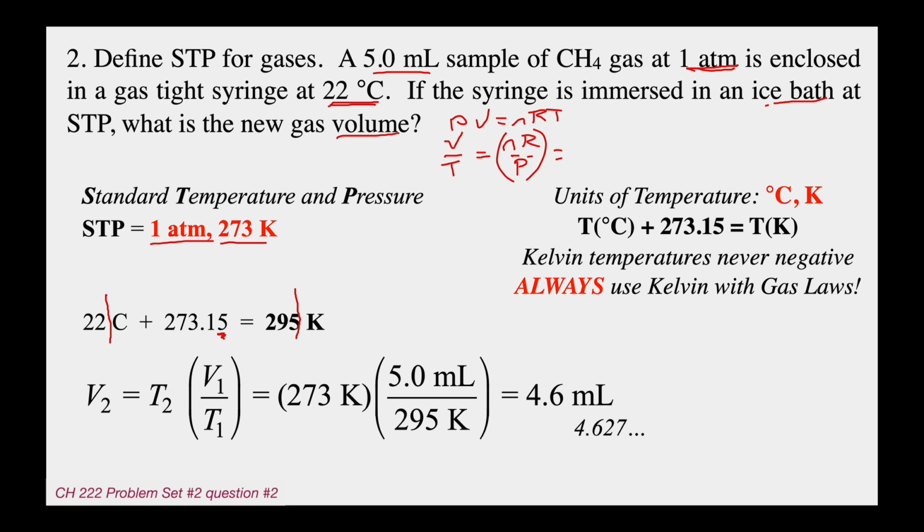So what that means is V1 over T1 equals V2 over T2. And here we're solving for V2, so we'll multiply both sides by T2. That's where you get T2 times V1 over T1, figure out 4.6 milliliters, good to go. So again, make sure that always, in all your calculations in gases, you turn Celsius into Kelvin. That's going to be pretty important.